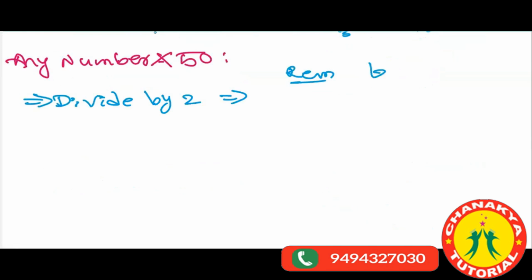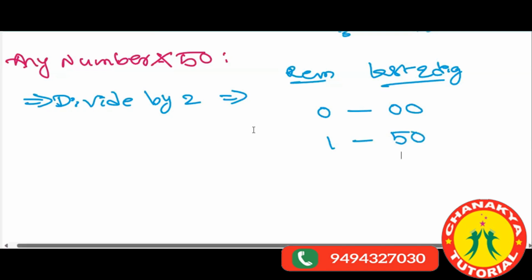Last 2 digits, because our base number becomes 100. Remainder possibilities are 0 and 1 only. If 0 is the remainder, last 2 digits are 00. If 1 is the remainder, last 2 digits are 50. Good.